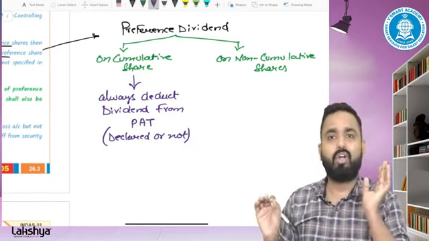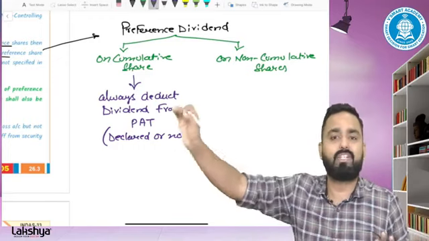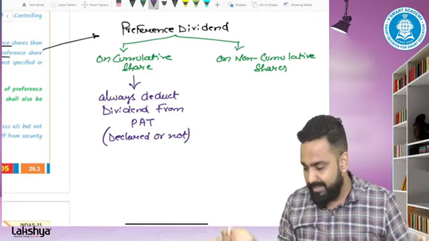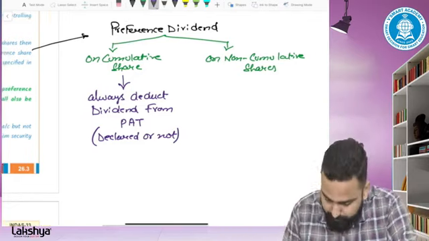Whether it is declared or not, you have to deduct it always, because it is cumulative. It is accrued actually. Cumulative means the dividend is accrued.